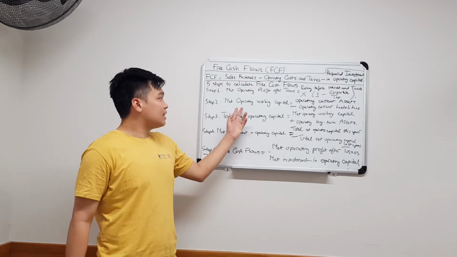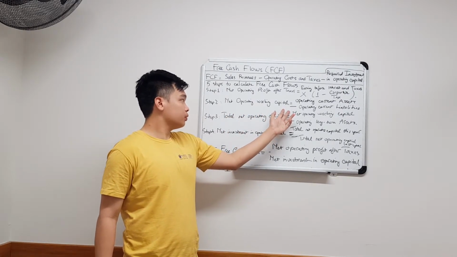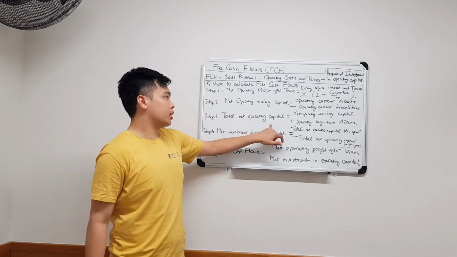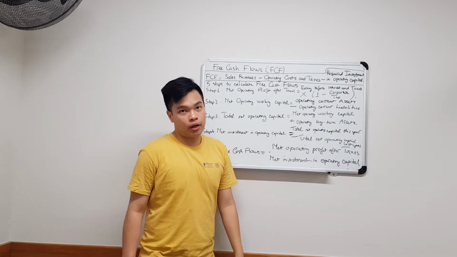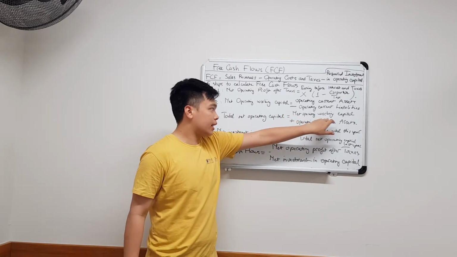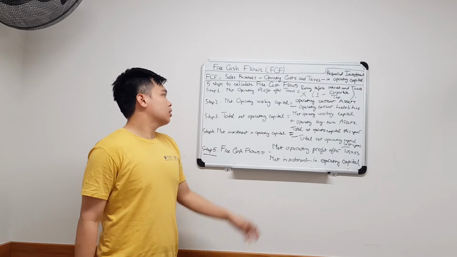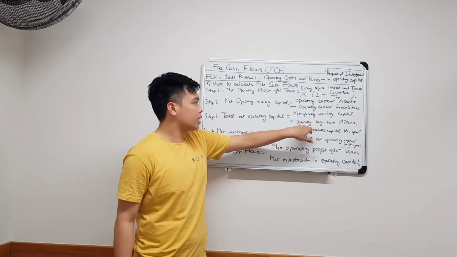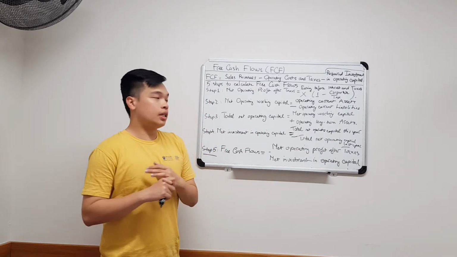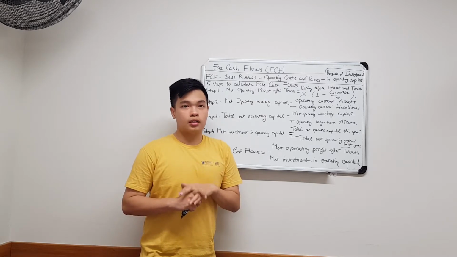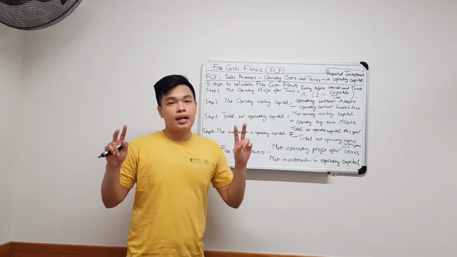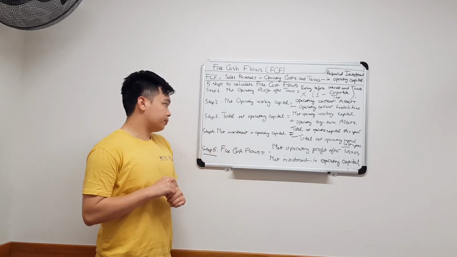In step 3, we work out total net operating capital, which equals net operating working capital plus operating long-term assets. Then we have total net operating capital.